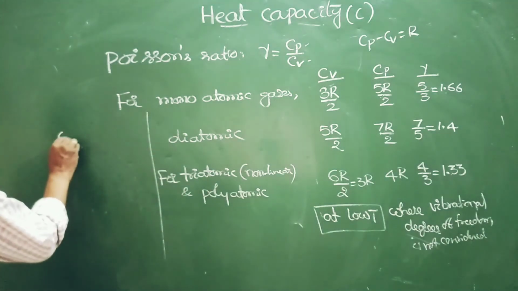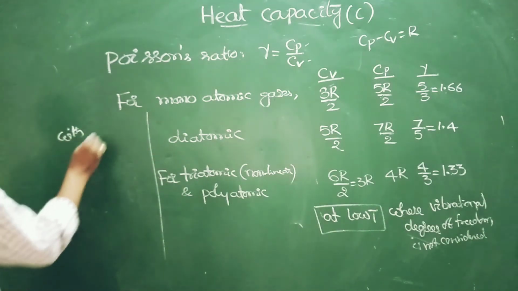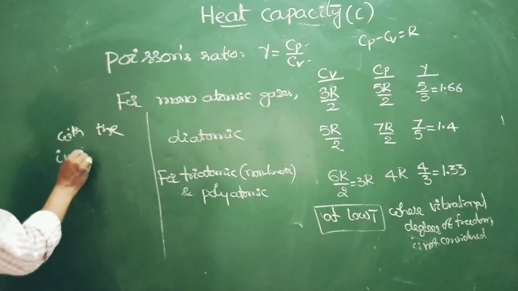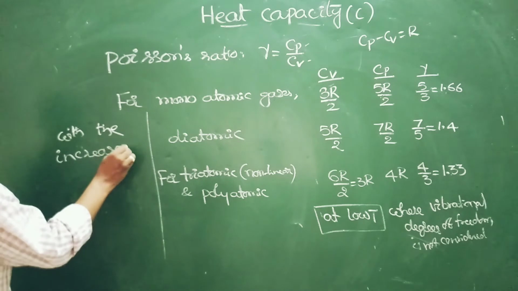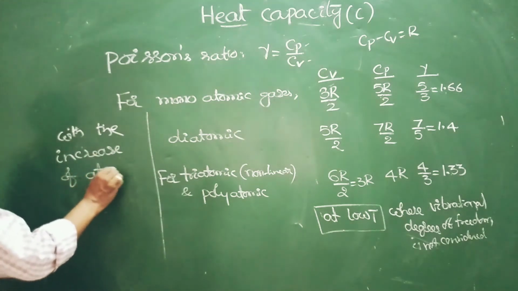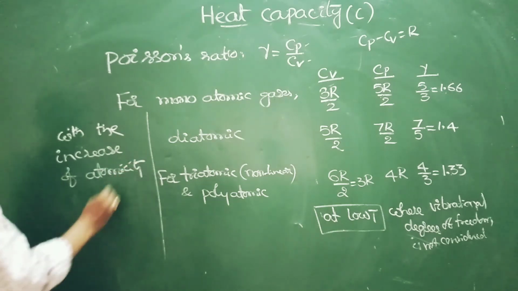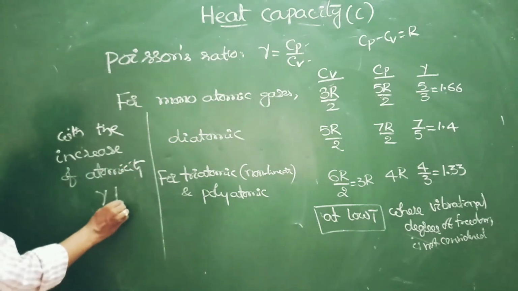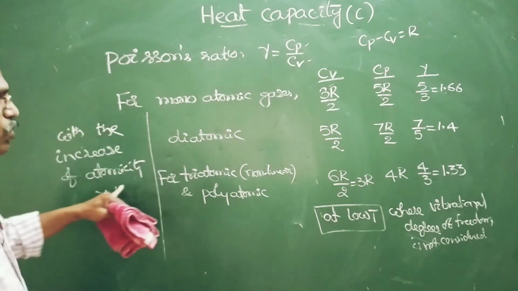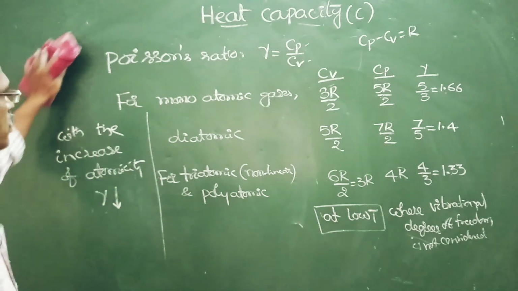Of course it is very clear from this table, but with the increase of atomicity, what about gamma value? Decreases. So this point is useful while solving problems.